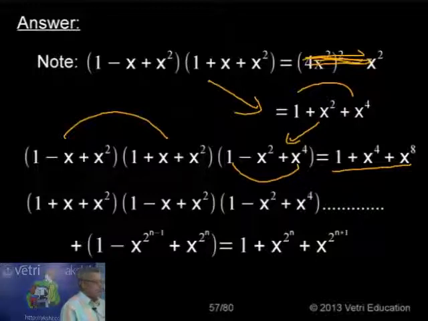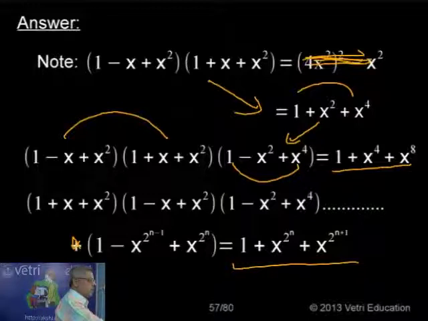Next time, 1 minus x power 4 plus x power 8. Like that, every time we are adding that. If you do this operation by attaching one factor, two factors, three factors like that, ultimately we get 1 plus x power 2 power n plus x power 2 power n plus 1.